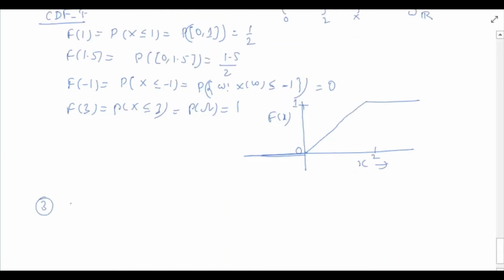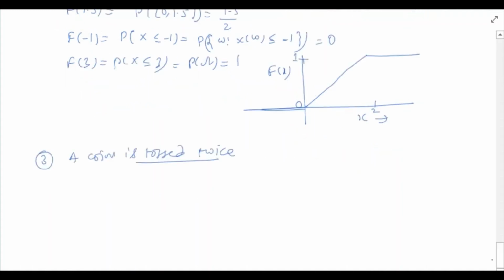Now we consider the experiment of a coin being tossed twice. Clearly, in this case, the sample space is HH, HT, TH, TT. We define a random variable X that is a mapping from Omega to R as follows.